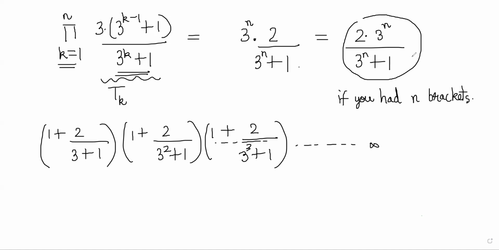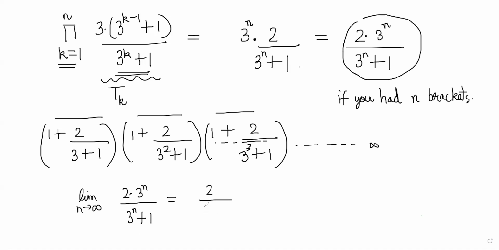Basically, what you need is the idea of limit n tends to infinity. Limit n tends to infinity means there are infinite brackets, right? We have to take the value of this 2 into 3 power n by 3 power n plus 1. And that is easy. You divide by 3 power n up and down, and you get 2 into 1 by 1 plus 1 by 3 power n.